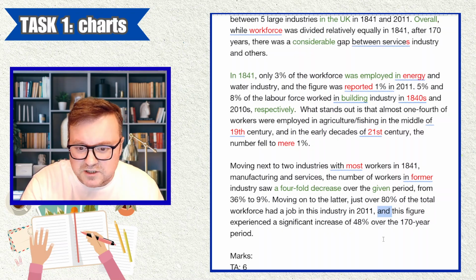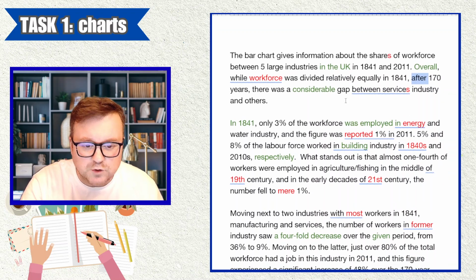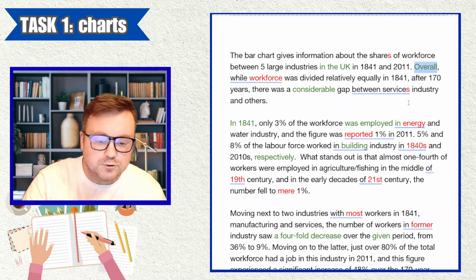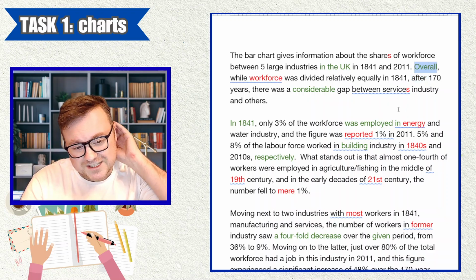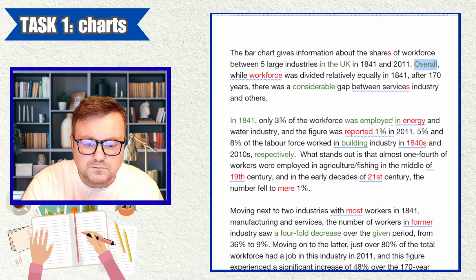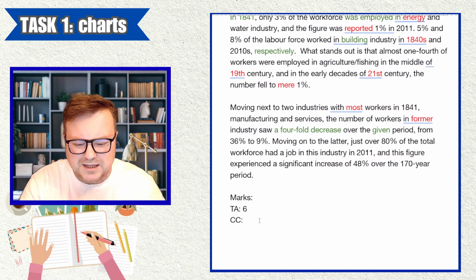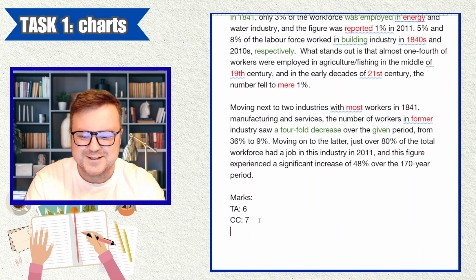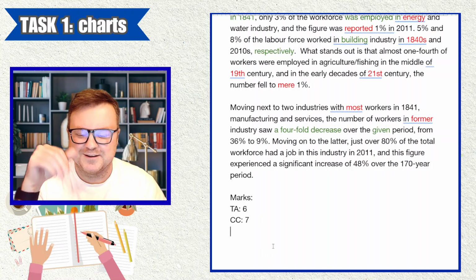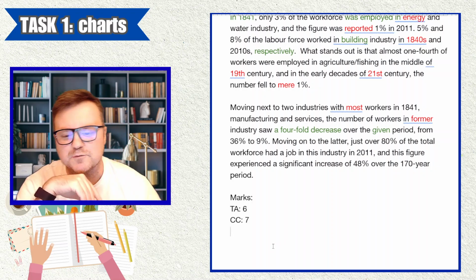Simple connectives like and, fine, yeah, so, and we get overall. So, there is a range of connectives and a range of discourse markers, and we do get reference. Yeah, I think I'm going to award, and this is a nice little point about examiners and how we think sometimes, right?